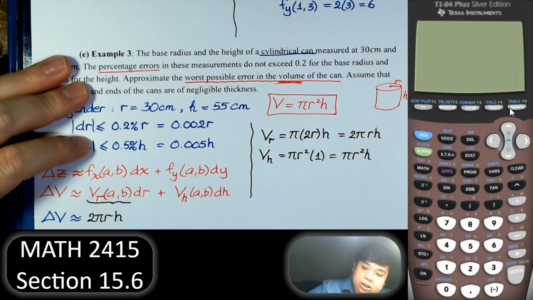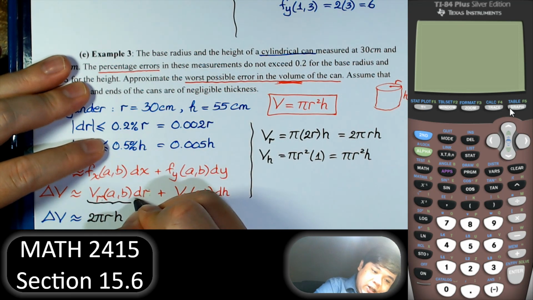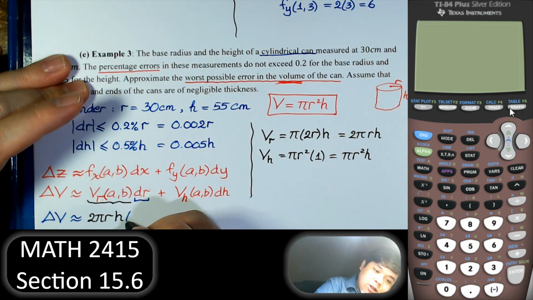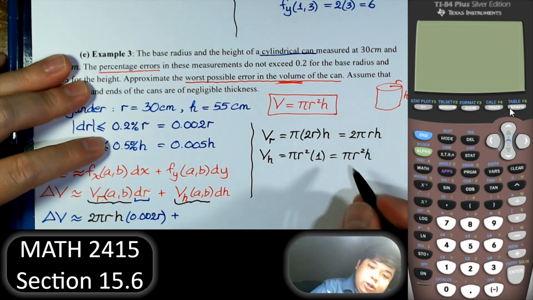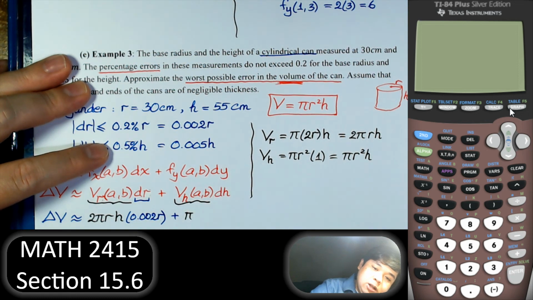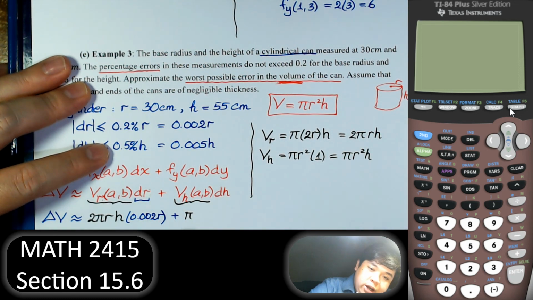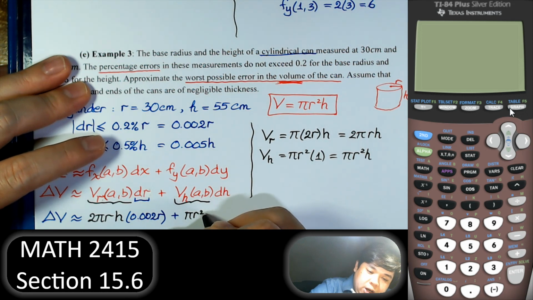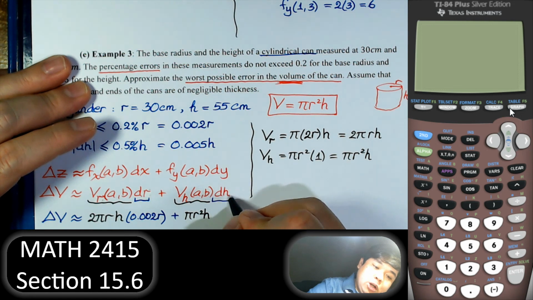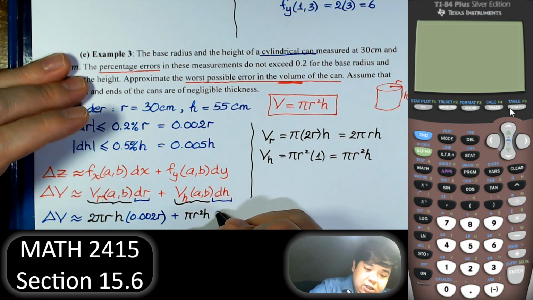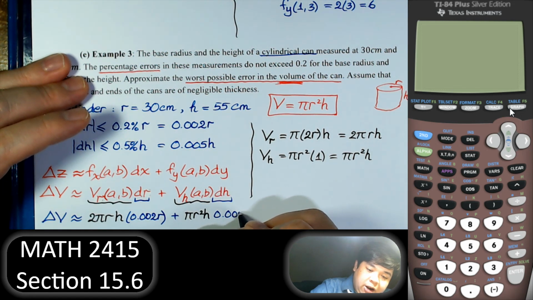I'm going to use the error here. For r it is 0.002 r. The derivative with respect to h is pi r squared, and dh, the worst possible case, is 0.005 h.